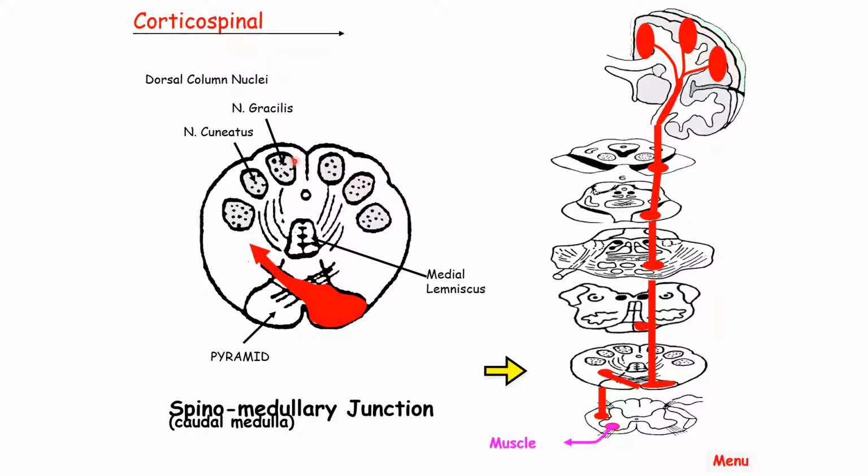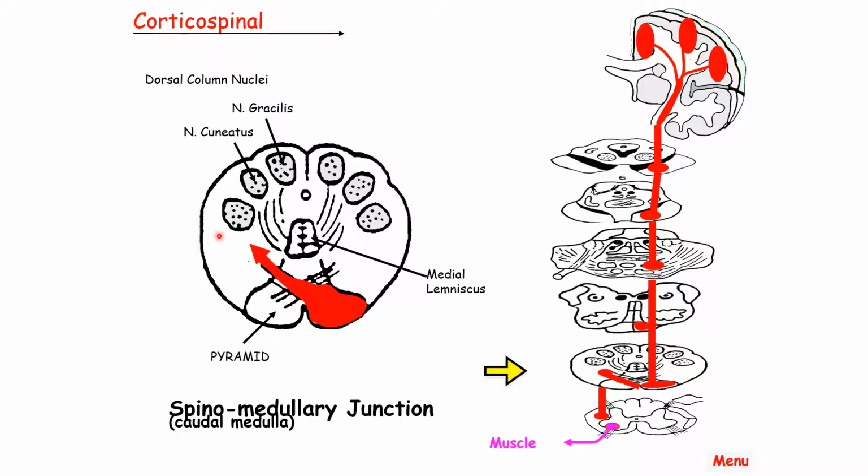As we come down to the spinomedullary junction, at this level, we see now that the fibers in the pyramid are crossing over to the opposite side. This is the decussation of the corticospinal tract at the spinomedullary junction, or caudal medulla, moving from the pyramid over to occupy a position in the lateral portion.